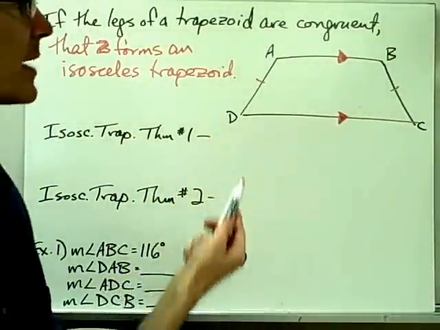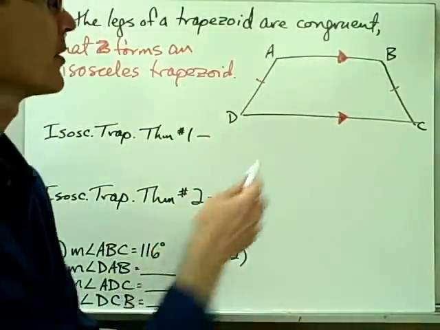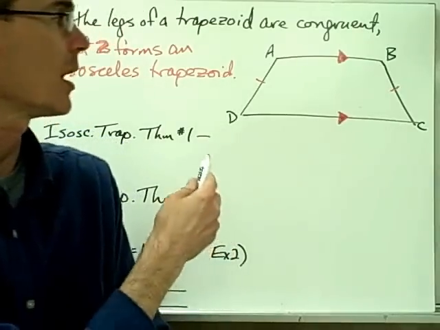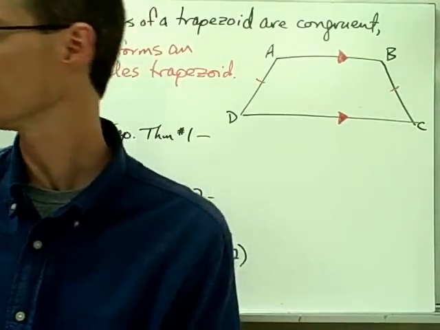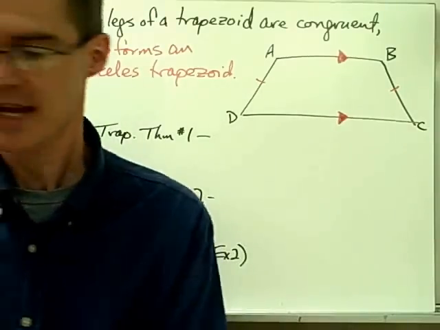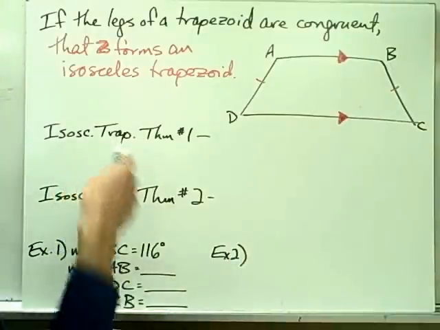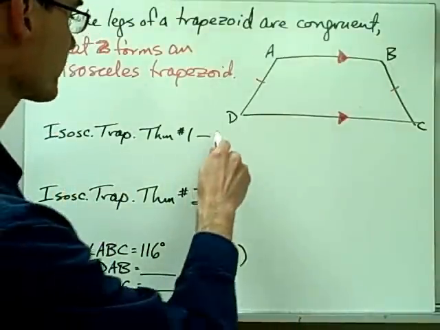And for an isosceles trapezoid, there are some other particular properties that are true only for an isosceles trapezoid. For example, we're going to call this isosceles trapezoid theorem number 1.